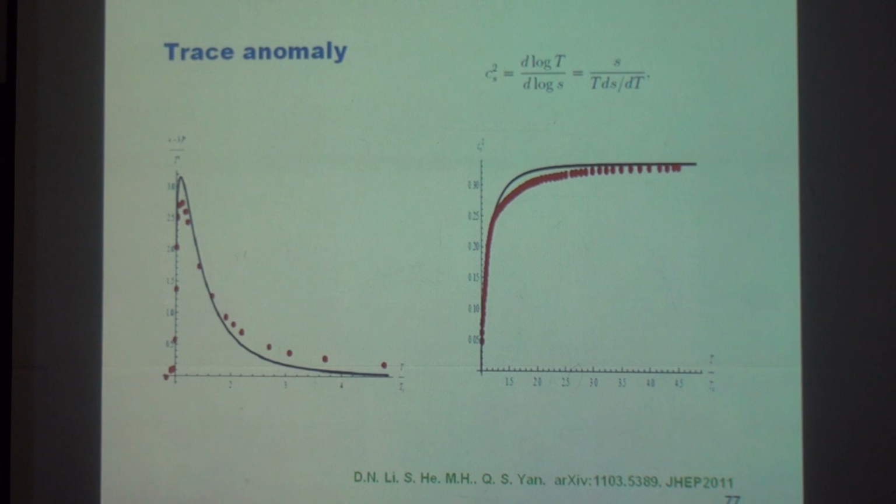And also we can get the trace anomaly, which measures this non-conformality around TC, and also this sound velocity squared. So this is also, I would say, in very good agreement with the lattice data.